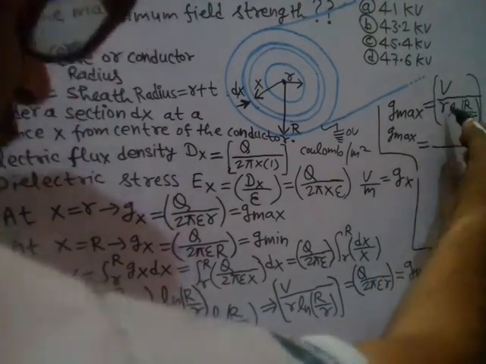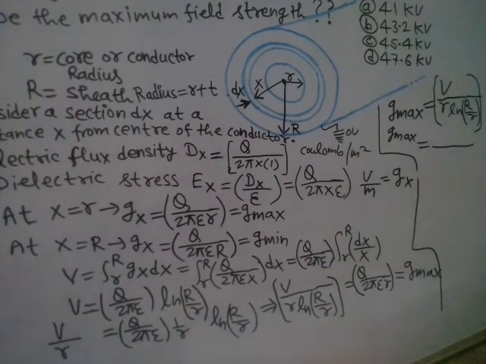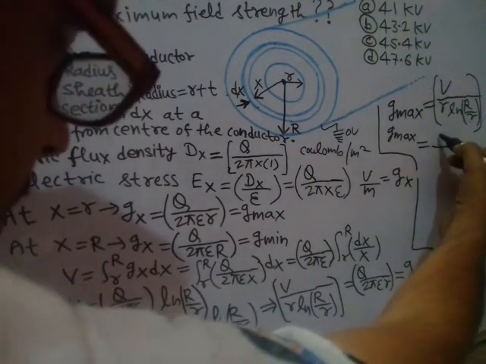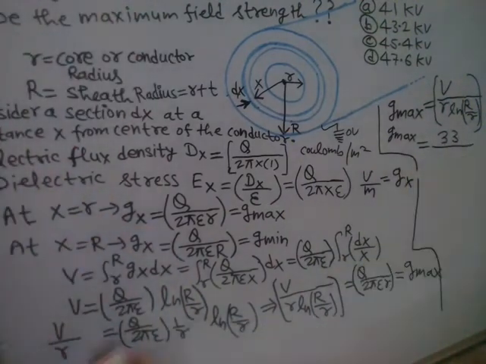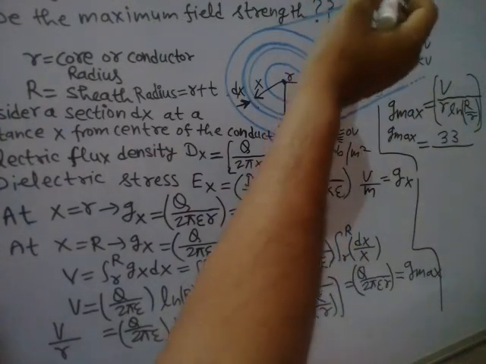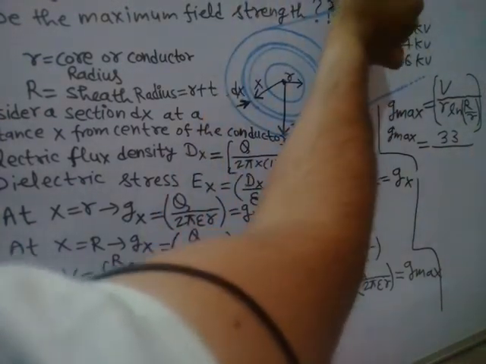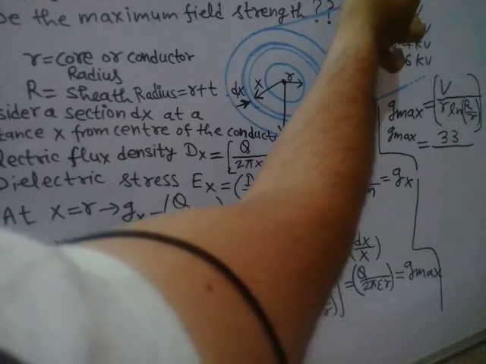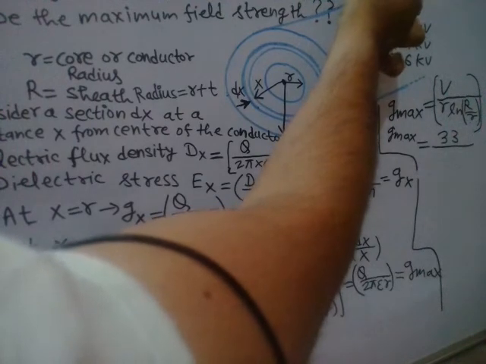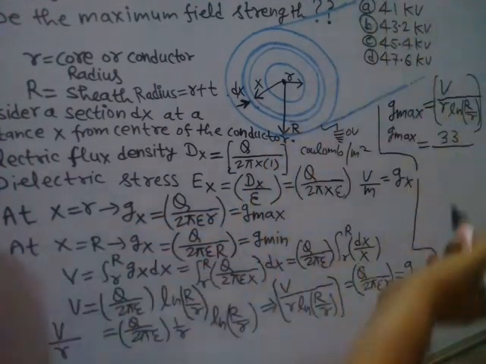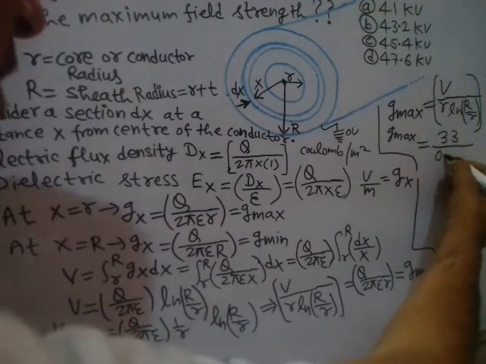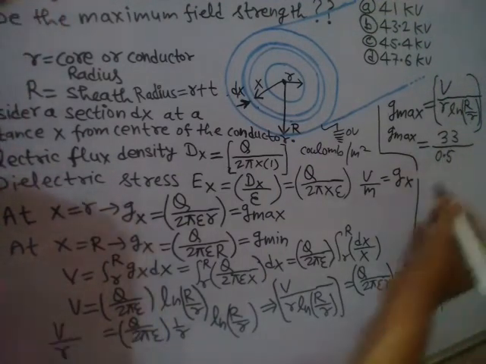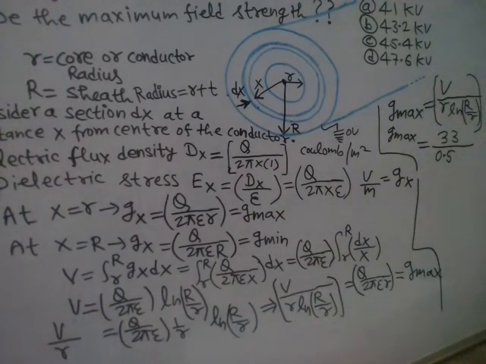So V is 33 kilovolts, and small r is given, the diameter is given as 1 centimeter, so the radius of the conductor is definitely half, that is 0.5 centimeter. So you write 0.5, and ln of capital R by small r.